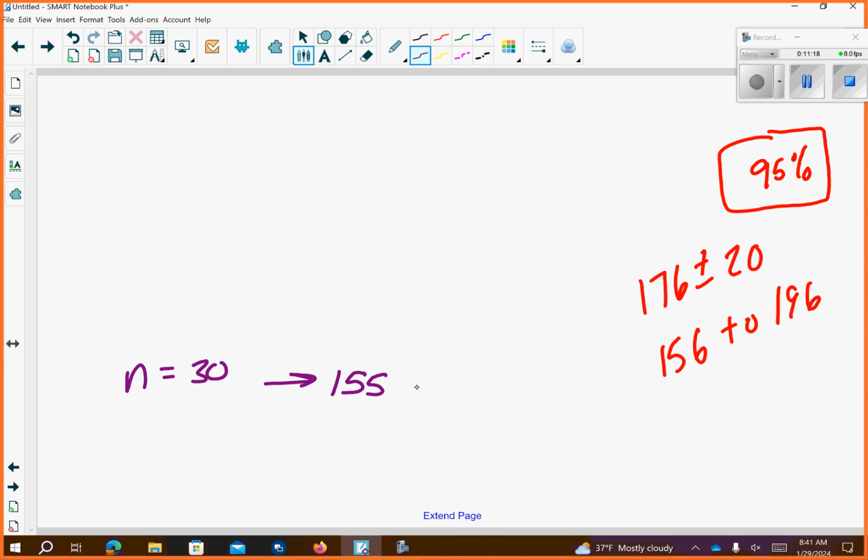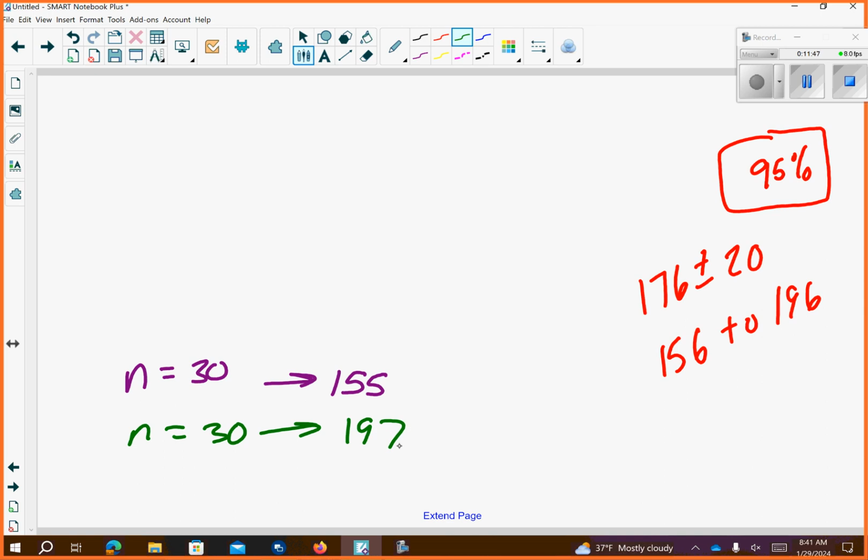Like I want my data to fall between 156 and 196, 95% of the time. So did we do something wrong if we got a sample and we found that the average was 155, that's outside of it? And let's say I picked another random sample of 30, and I found this random sample to be 197. Okay?